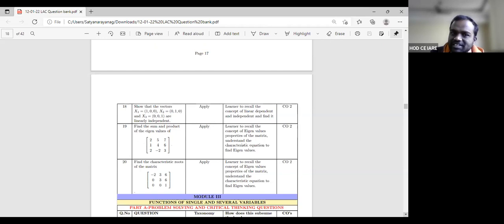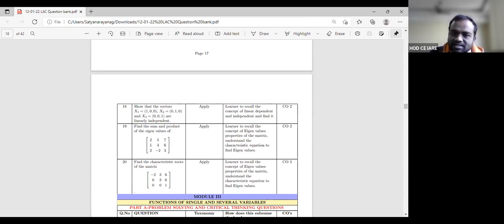If the det is not equal to 0, they are linearly independent; if it is equal to 0, linearly dependent. Next, find the sum and product of the eigenvalues. The det of the matrix is the product of the eigenvalues, and the trace of the matrix is the sum of the eigenvalues. So we can write that.